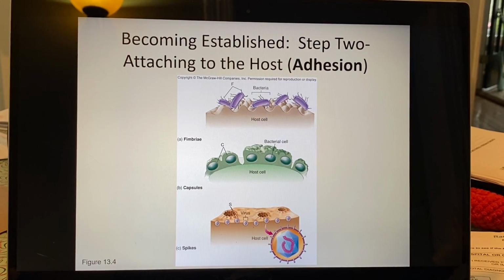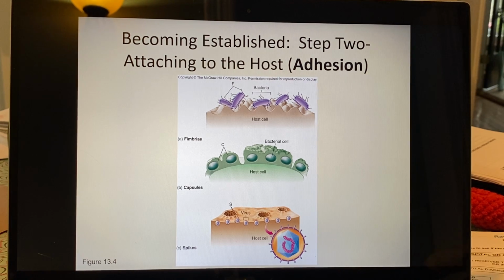So first you have to encounter that pathogen, however you happen to do that, whether someone sneezes on you, if it's a virus, and you touch a surface and then you touch your face, if it's still a respiratory route, you get food poisoning, something like that. First it has to gain entry to you, and then it has to go through attaching to your host cells.